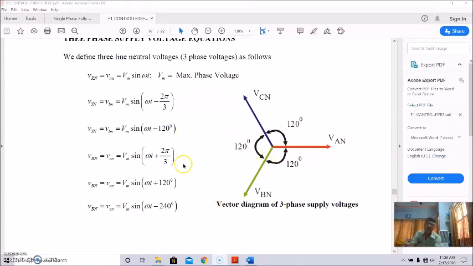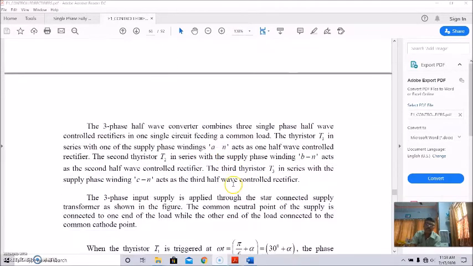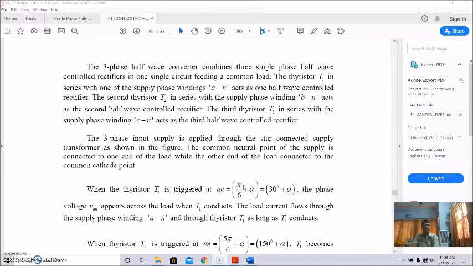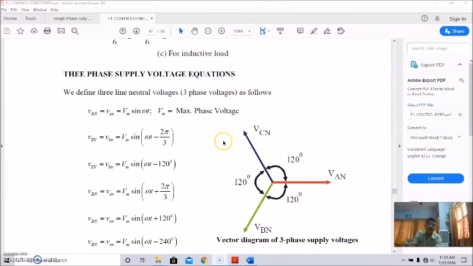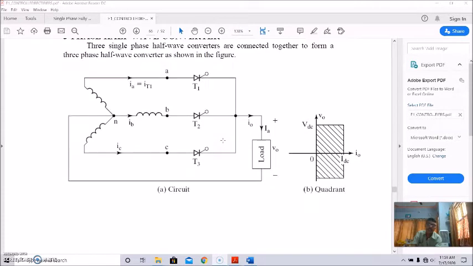Okay, so you all know these are the three-phase supply voltage equations, and the three-phase half-wave converter combines three single-phase half-wave controlled rectifiers in one single circuit feeding a common load, that is shown here. So in this diagram, this is the common load.